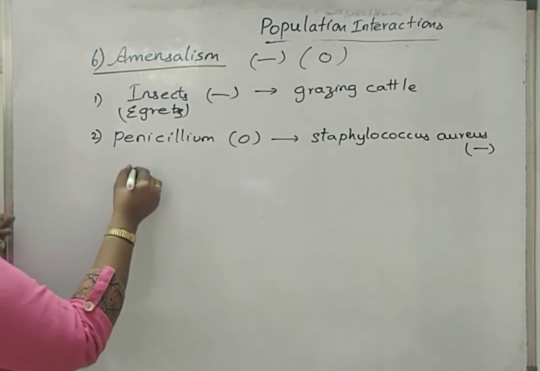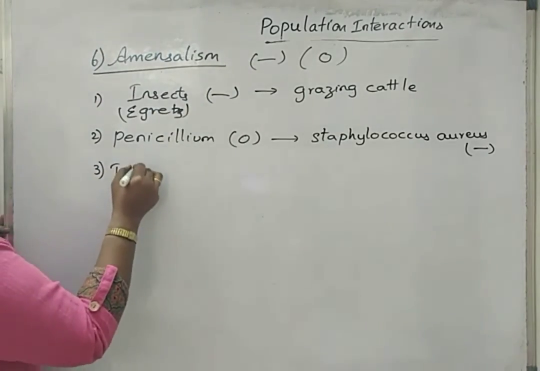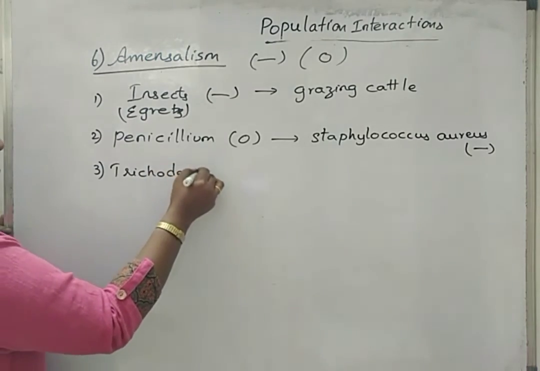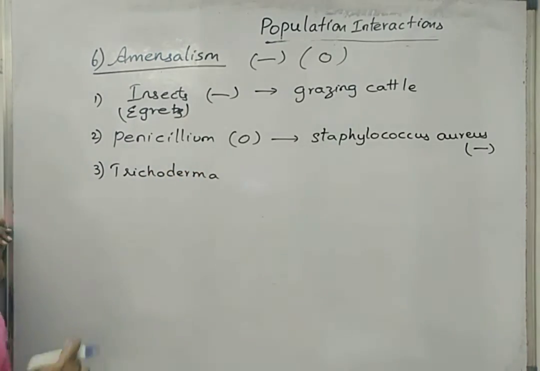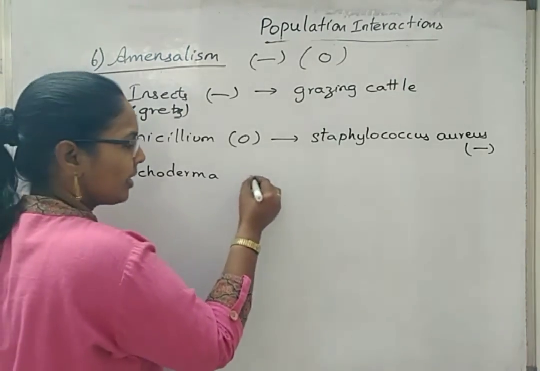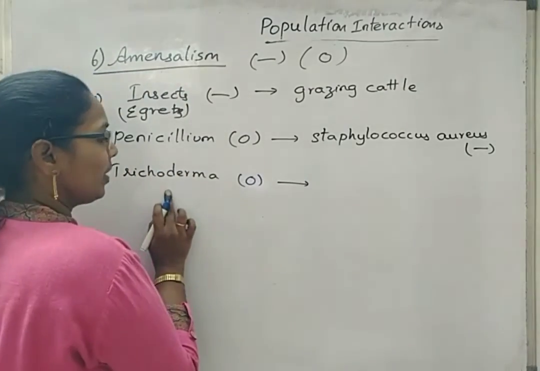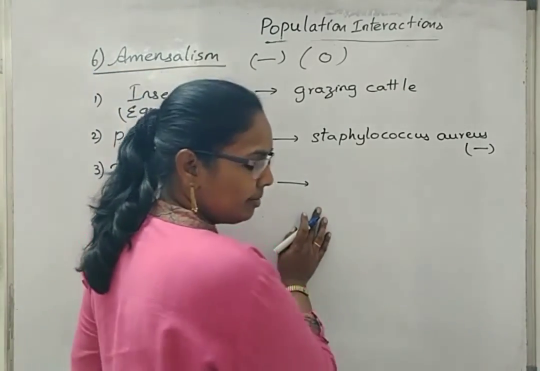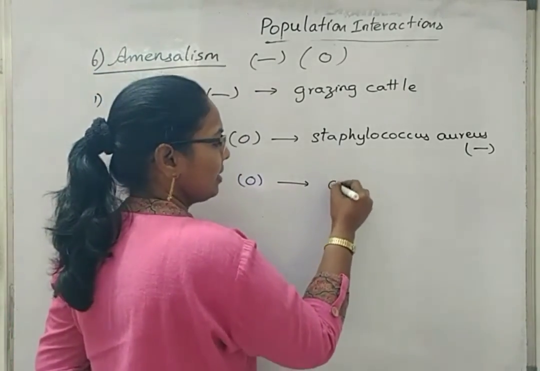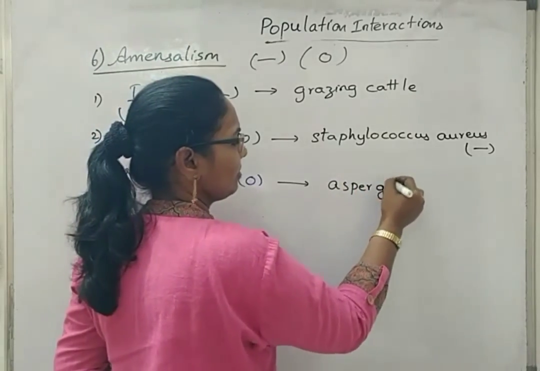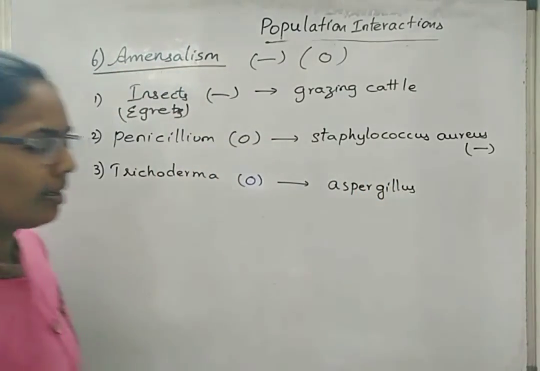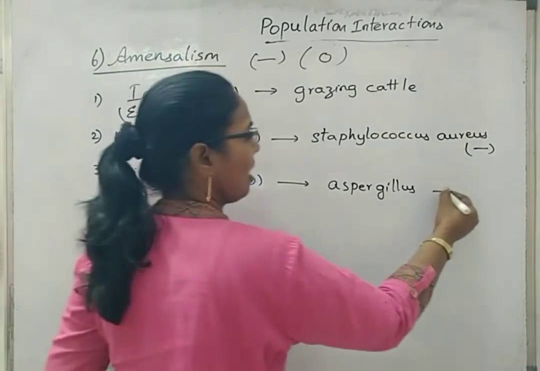Another example is Trichoderma. Trichoderma species, which is considered as a biocontrol agent. So Trichoderma is not harmed here, but the harmed or killed one is another organism, nothing but Aspergillus. Aspergillus, which is harmed.